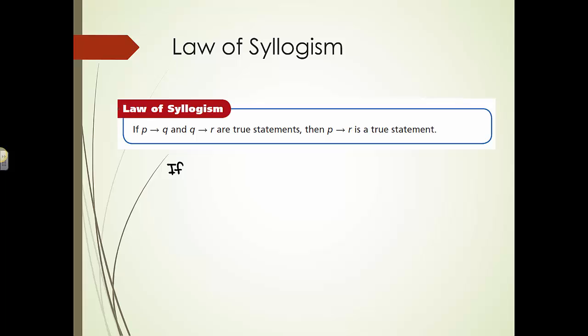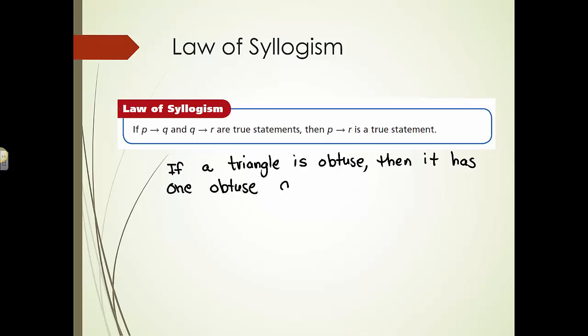If a triangle is obtuse, then it has one obtuse angle.